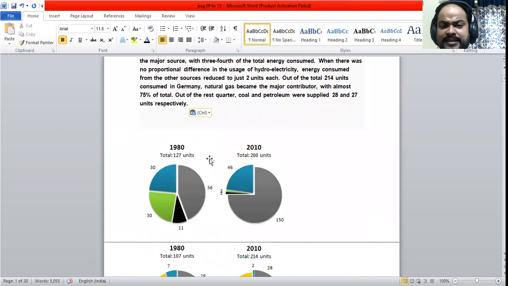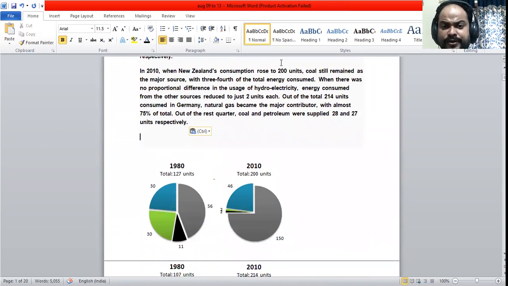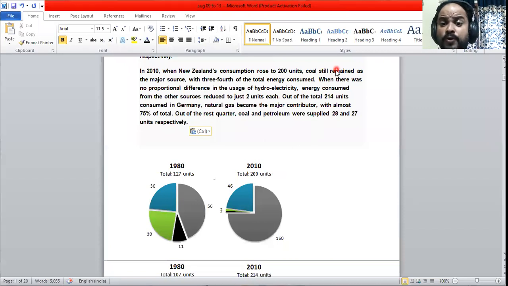when New Zealand's consumption rose to 200 units, you can see that it is going to 200 units here, coal still remained as the major source with 3/4 of the total energy consumed. So we can say it is 3/4, definitely. There was no proportional difference in the usage of hydroelectricity.